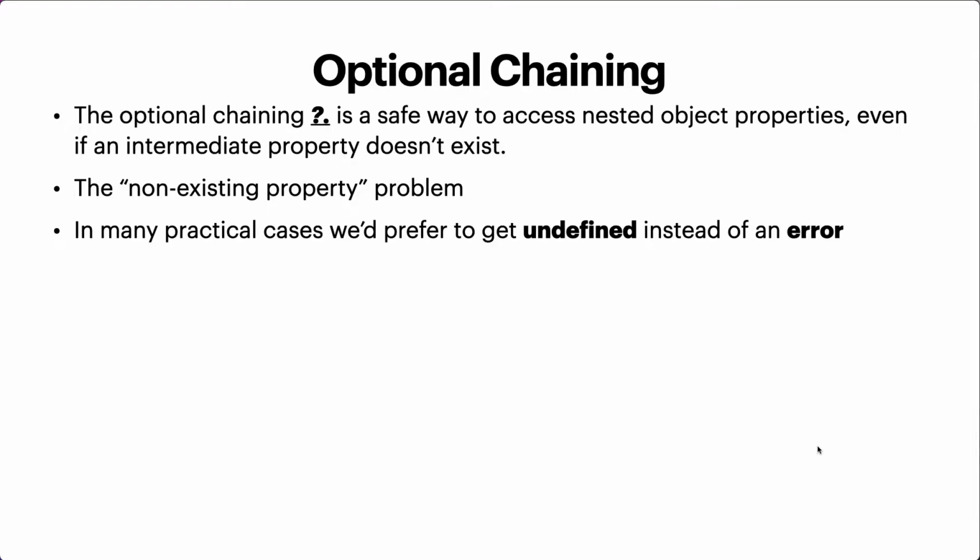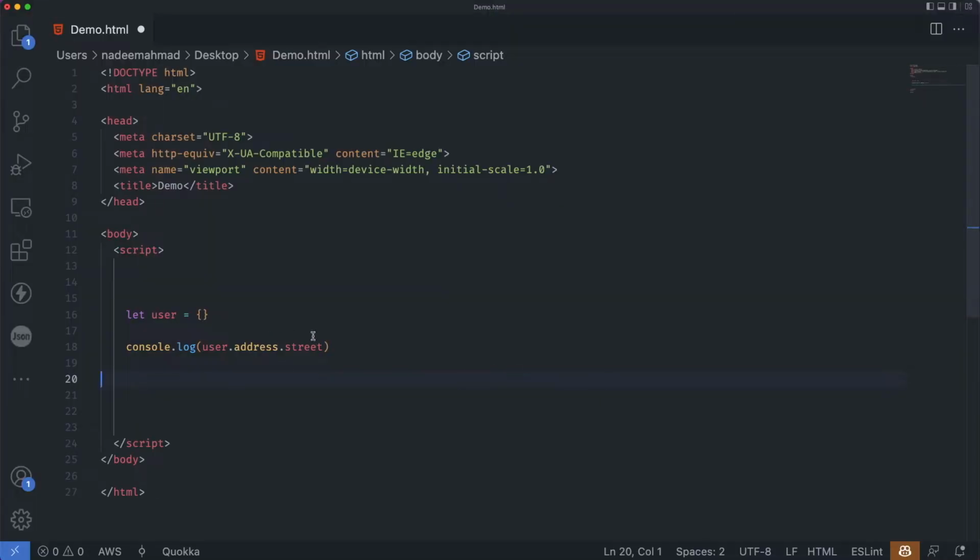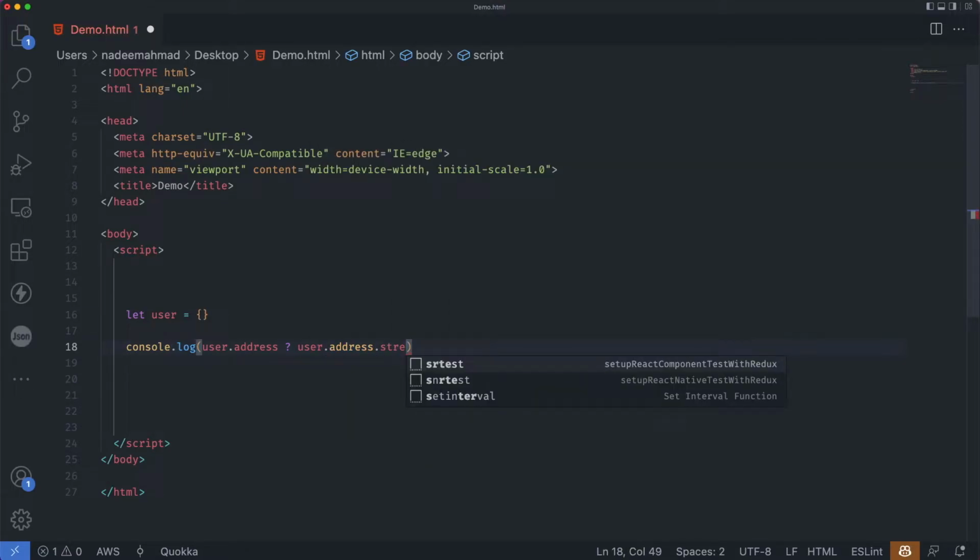In many practical cases, we would prefer to get undefined instead of an error. But how can we do this? The obvious solution would be to check the value using the if or the conditional operator before accessing the property. So let's say we have a user object like this, and before accessing the street property, we first check if user.address exists, then go for user.address.street.